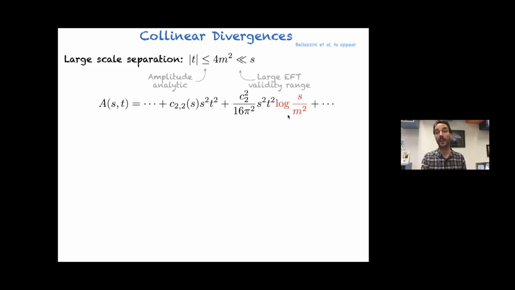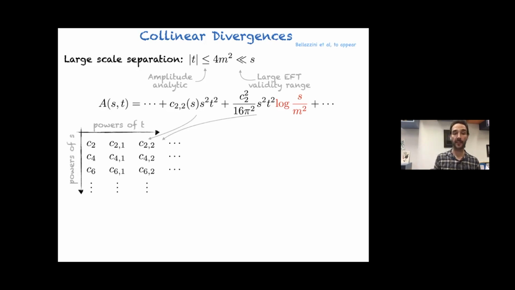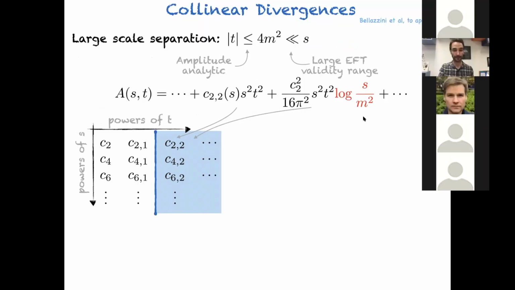This is really related to an infrared singularity. And in particular, an effect of this type to some power will also enter in all other coefficients with more and more powers of t. So all the bounds that lie on the right-hand side of this line will be affected by these log s over m squared terms.